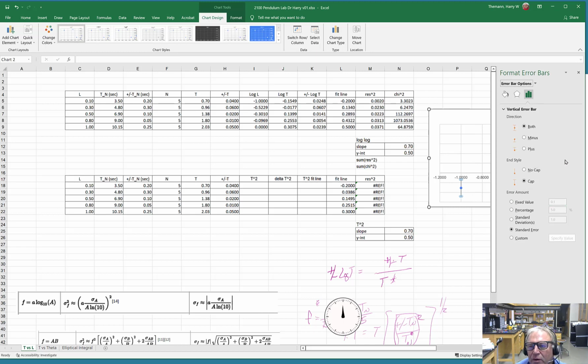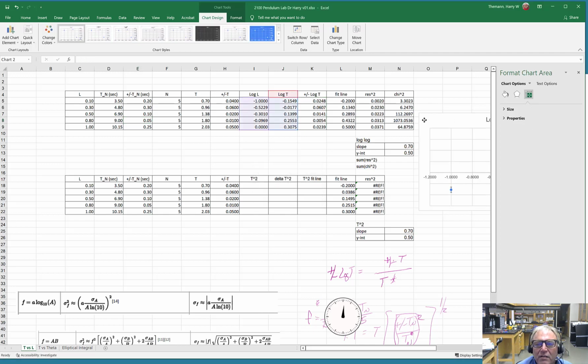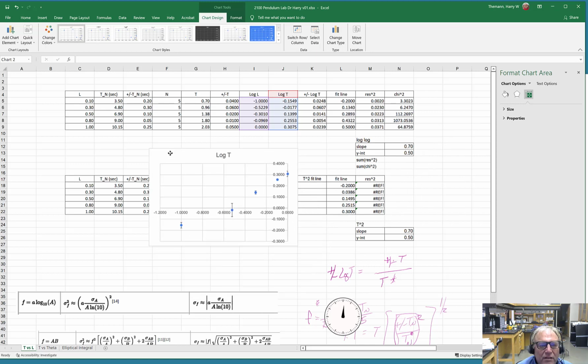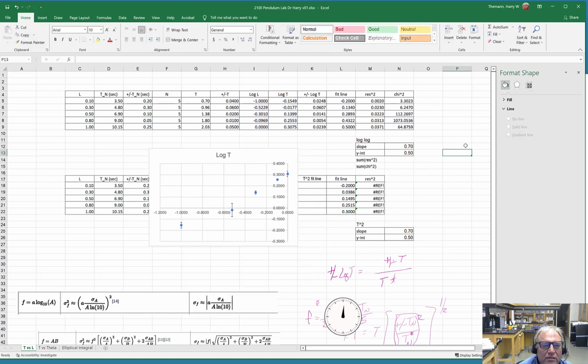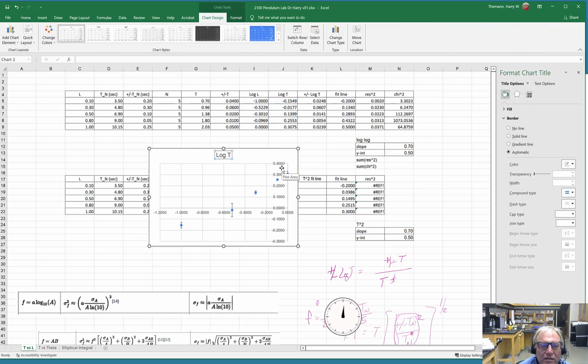And then the Y error bars are going to be these calculated values. All right. And so there we see our data with error bars. And certainly this is log T versus log L, just so we remember.